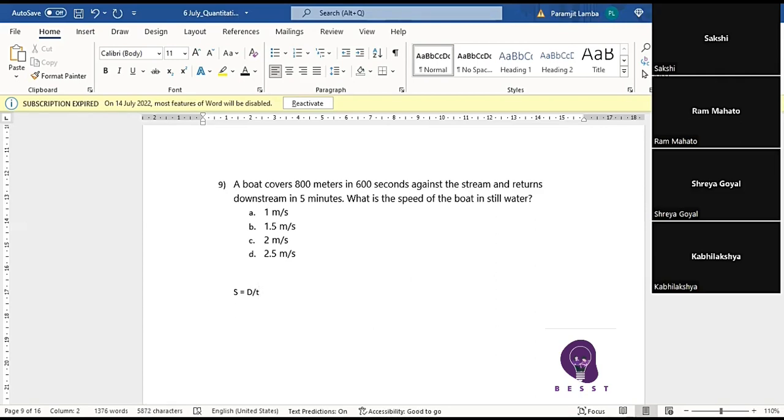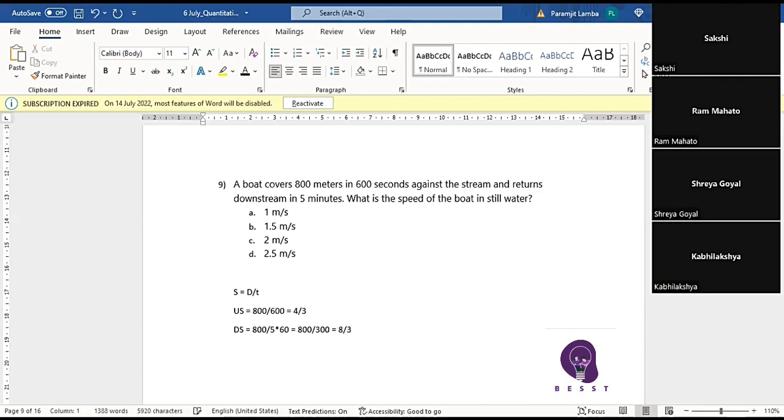So the speed of the boat upstream is how much? Upstream is 800 divided by 600, which is how much? 4 by 3. Speed downstream is how much? 800 meters divided by 5 into 60 equal to 800 divided by 300 equal to 8 by 3.